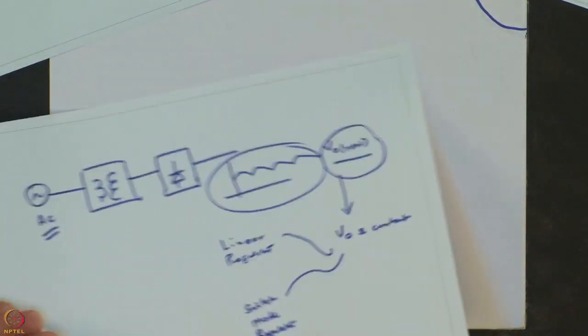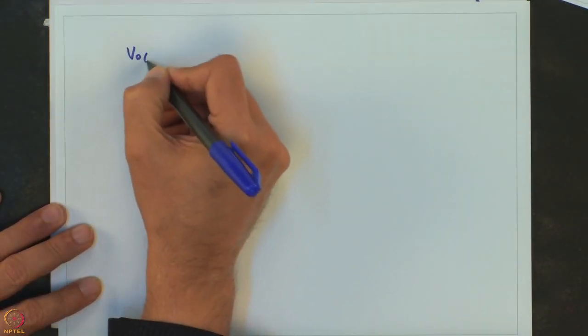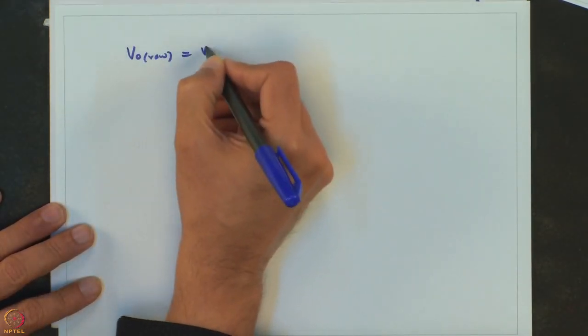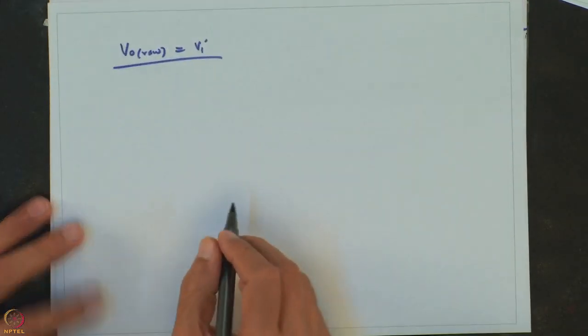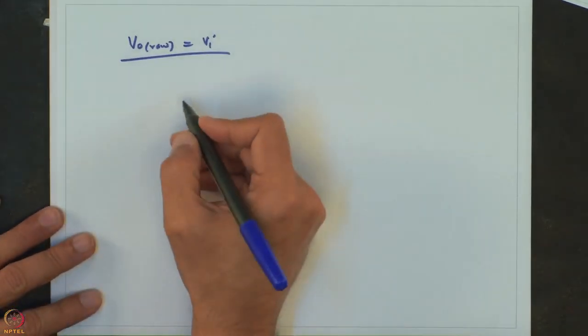Let us say that this VO raw, let me just call it VI, because I am now going to input it to the next stage of a linear regulator. So, VO raw is equal to VI for the subsequent explanation. Okay.